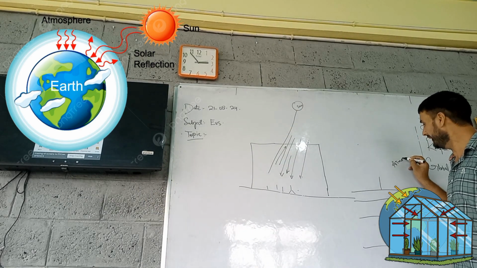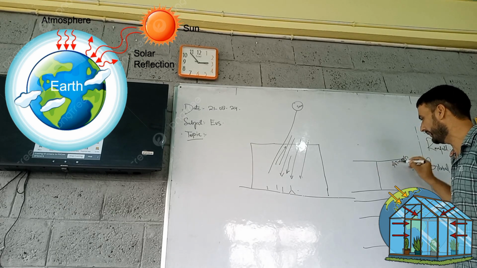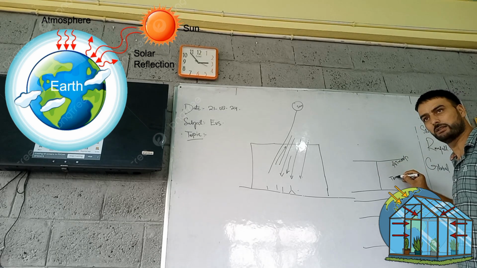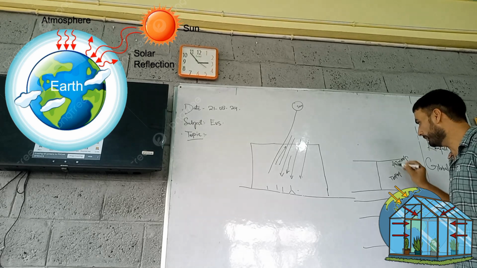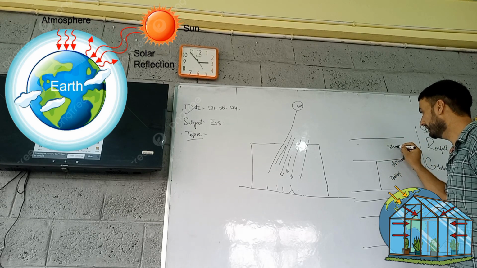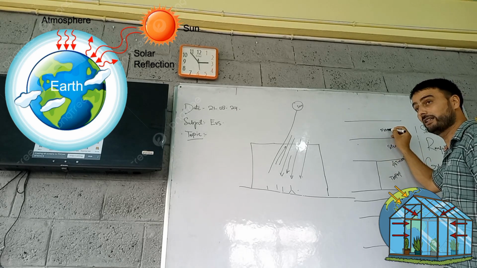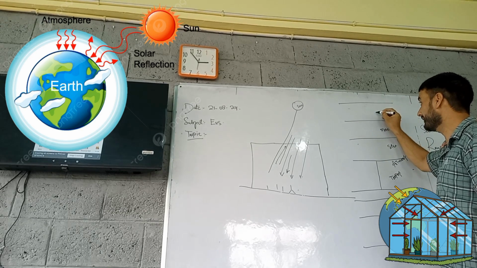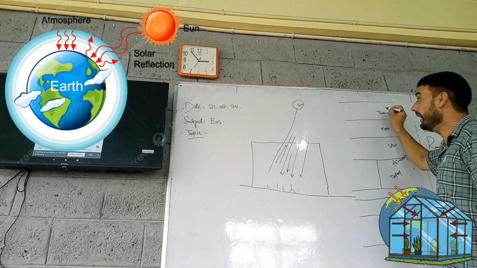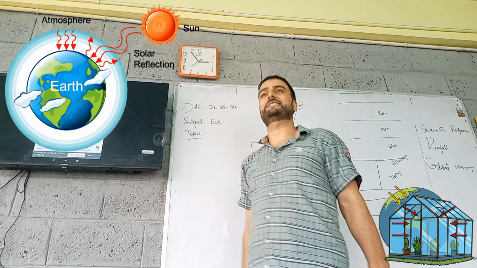Yes, sir. There are many layers of atmosphere. The first layer you already know is the troposphere. After the troposphere is the stratosphere. After the stratosphere is the mesosphere. After that is the thermosphere, ionosphere, exosphere. After that is the sun.